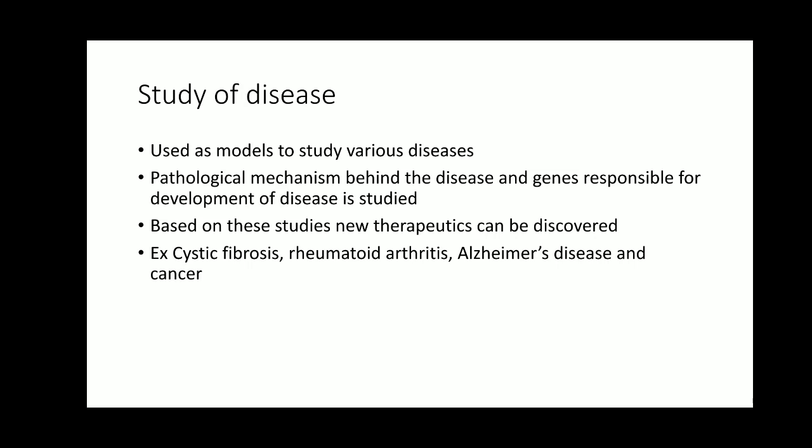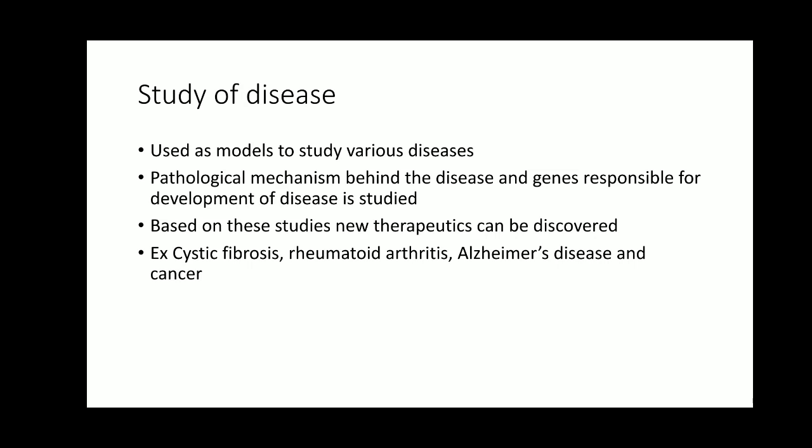If the gene is expressed in such a way, what are the biochemical changes, or the changes taking place in the physiology, are studied. And then what could be the treatment for this particular disease is also studied using transgenic animals.